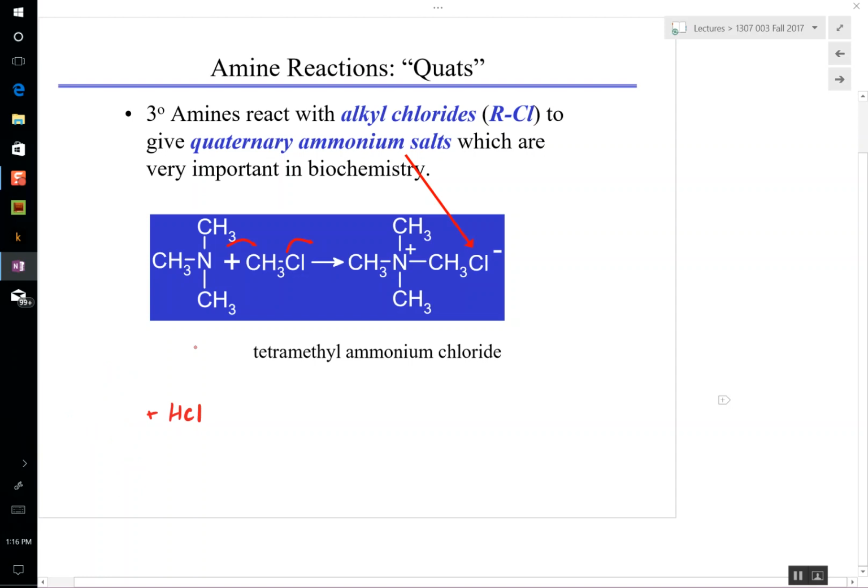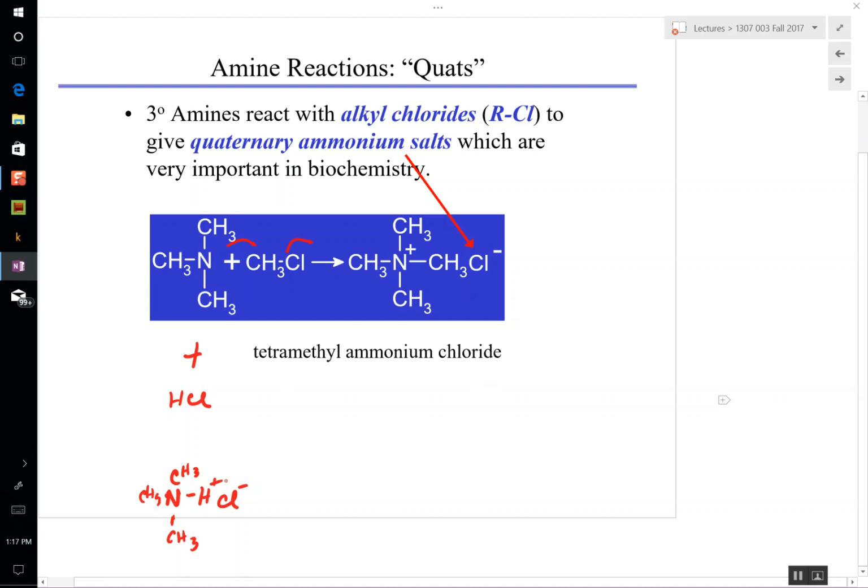We've got this plus HCl. So this thing right here plus HCl, and you got the trimethyl ammonium chloride.